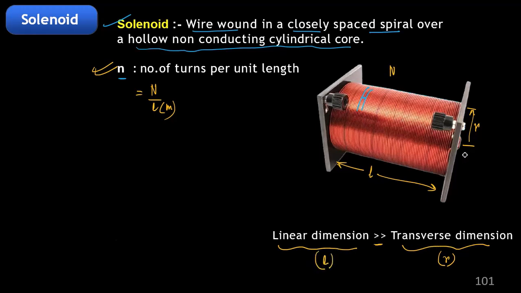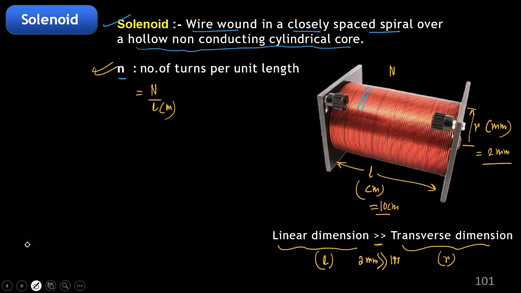Generally, r is measured in millimeters and L is measured in centimeters. If small r is around, say, 2 millimeters and L is around, let us say, 10 centimeters, which is 100 millimeters, then 2 millimeters is much less than 100 millimeters.